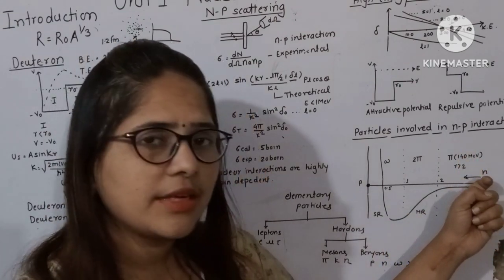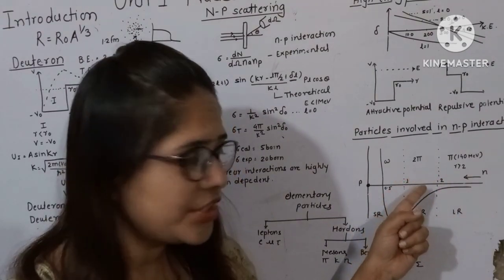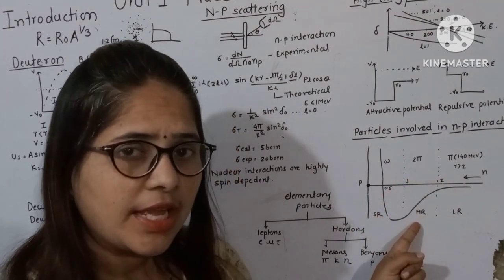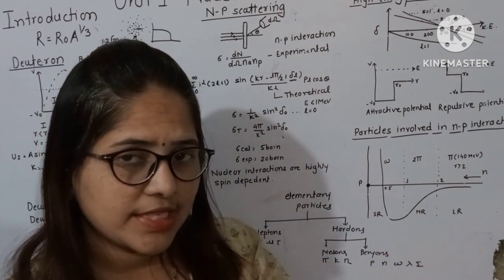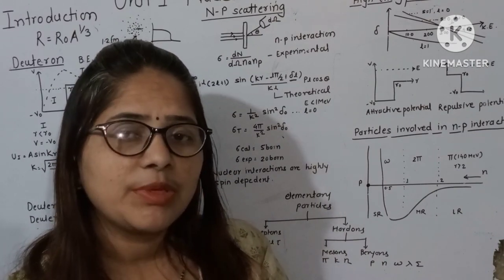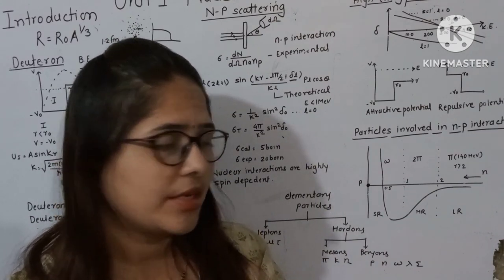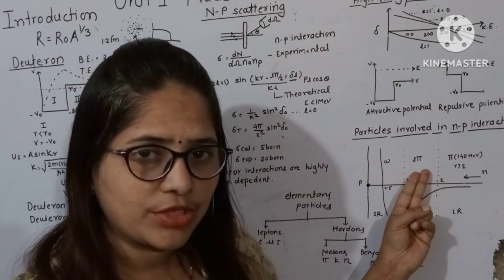As we increase the kinetic energy of this neutron, it can reach into this medium range, and according to the quantum electrodynamic theory, the interaction must be due to the exchange of some particle, and those exchange particles are two pions.